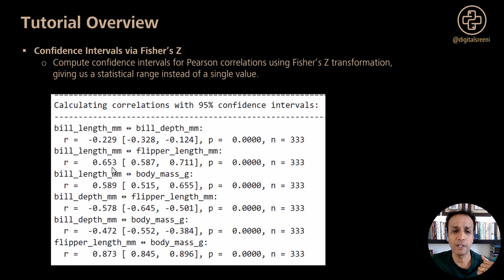Now with confidence intervals, we can say that the R value is 0.653 with lower limit 0.587 and upper limit 0.711 with a confidence of 95%, and the p-value and total number of data points, right? This is a more statistical way. We are adding statistical rigor to our Pearson's R value. And we're going to use Fisher's Z. Again, I'll explain those once we get to the code part.